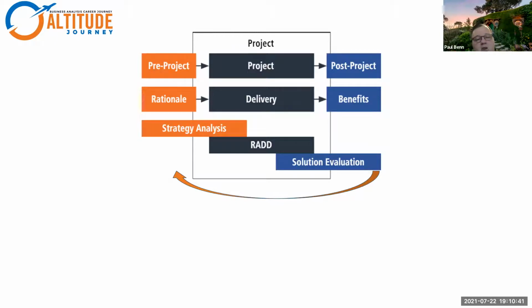At the end of the project, there's a feedback loop that goes back into strategy. So the elicitation that you've used, your solution evaluations, which include your enterprise evaluations as well, and your post-project reviews are all going to feed back into your strategy analysis.